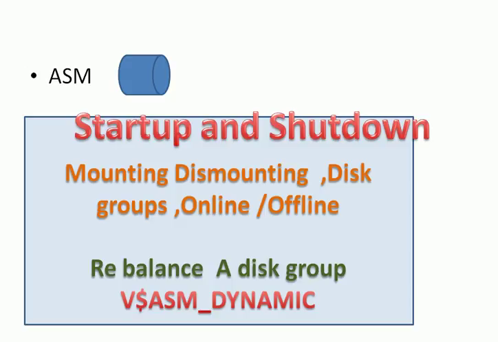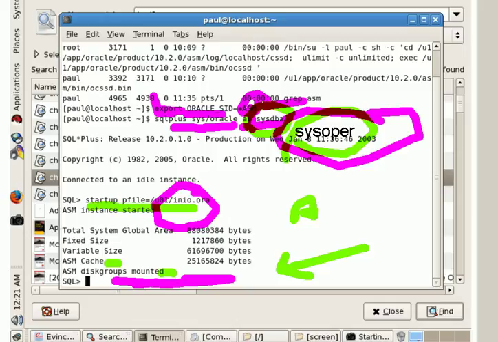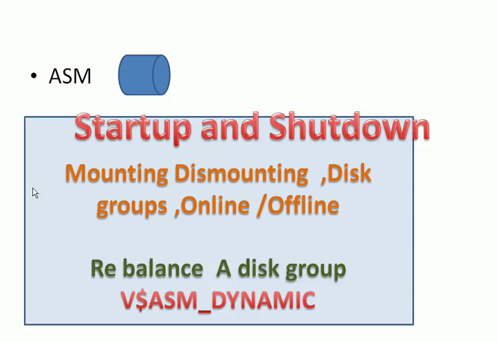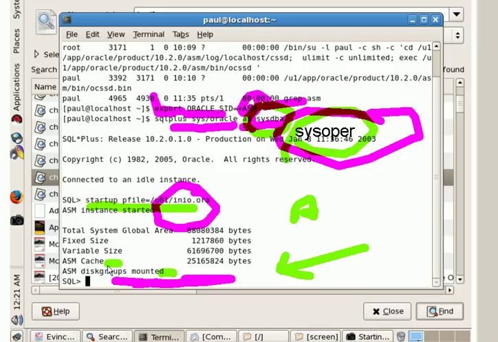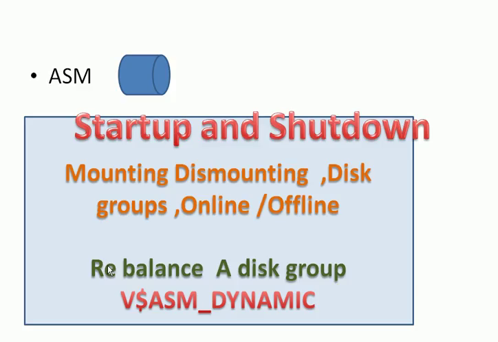If I do a shutdown of an ASM instance, these disk groups would be dismounted, and so naturally the other databases won't be able to connect to the ASM instance, and therefore the databases won't start. The other database connections would also be aborted if I give a command like shutdown abort.